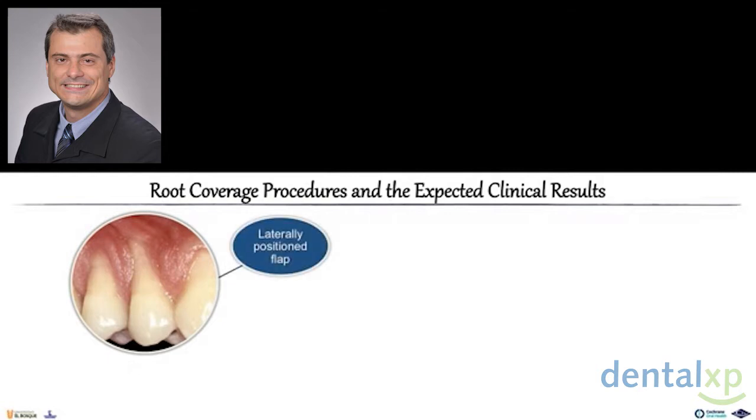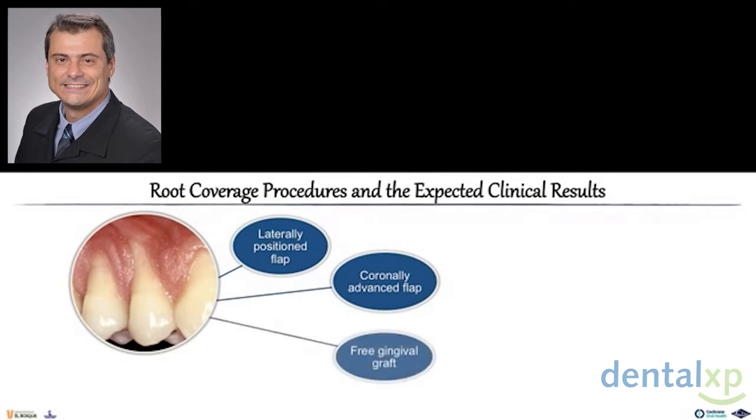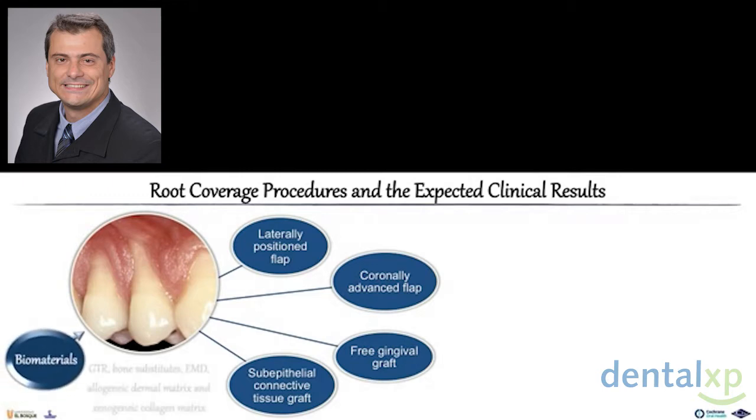In the 50s, the lateral positioned flap, then in the 60s, the coronally advanced flap, between the 60s and 70s, the free gingival graft, and in the mid 80s, the subepithelial connective tissue graft. And all of these procedures may be associated with different biomaterials, such as membranes, bone substitutes, enamel matrix derivative proteins, allogenic or xenogenic collagen matrix.